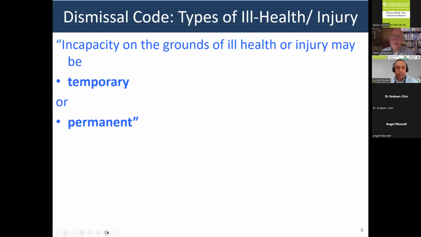The code says incapacity on the grounds of ill health or injury may be temporary or permanent, and of course that will hold true even in any amended code. And it's a key decision which needs to be taken, whether that incapacity or disability is temporary or permanent.